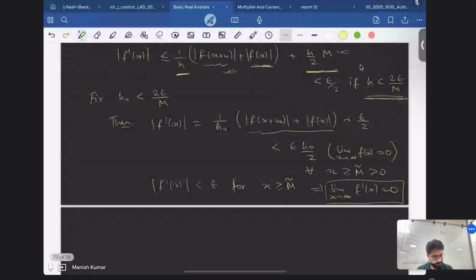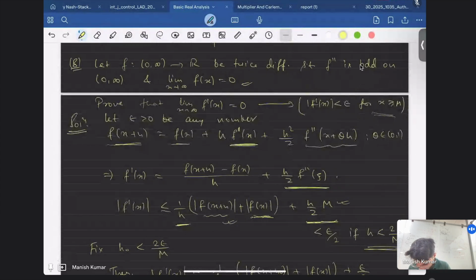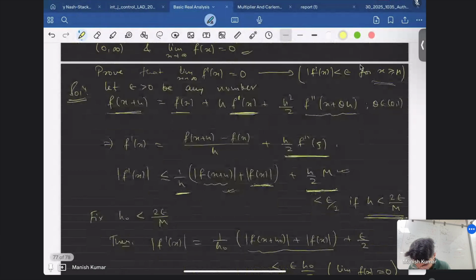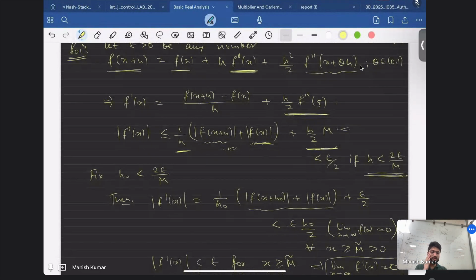Okay, so let me go to the next question. So you know this thing, right? That the derivative of inverse function is equal to 1 by, I mean this kind of thing.